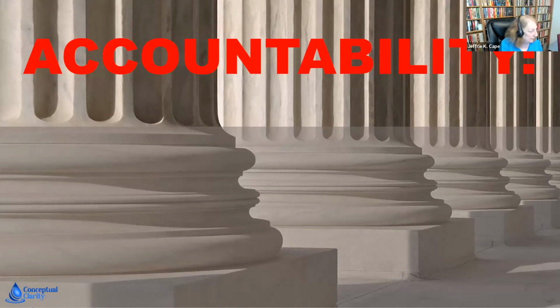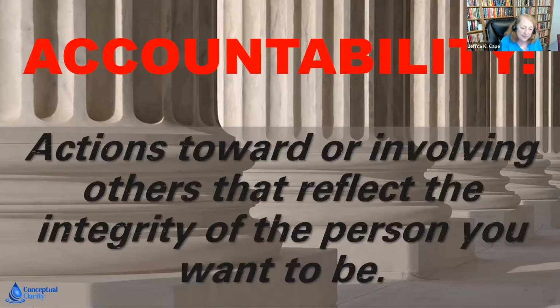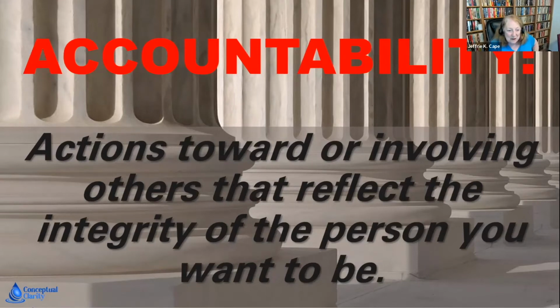So we came up with a definition, and this is the definition we came up with. We must be onto something, because other yoga studios and other kinds of organizations have picked it up. Actions toward or involving others that reflect the integrity of the person you want to be. Think about yourselves. Think about some area in your life where you feel like you might need to make some change.